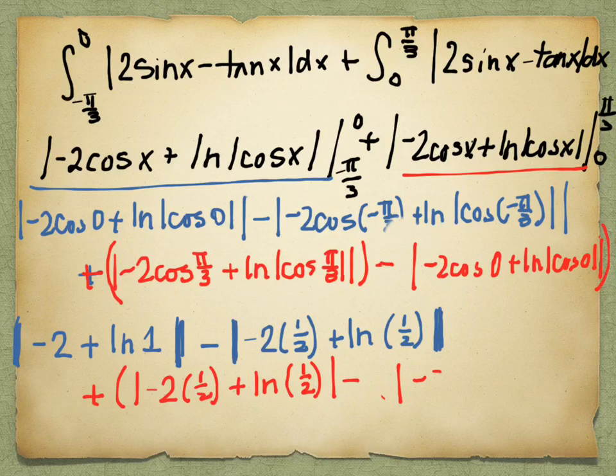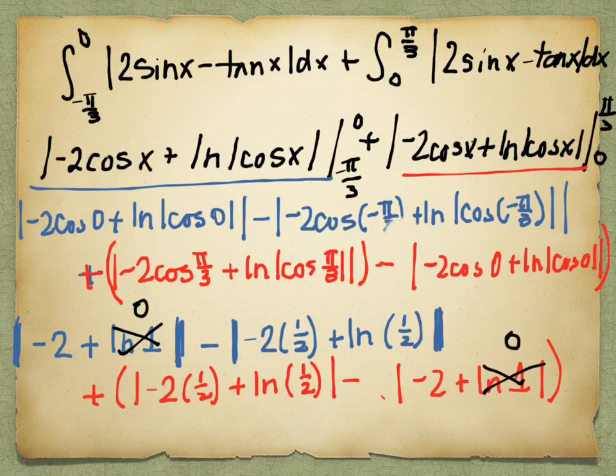Okay. Negative 2, and then cosine of 0 we already established a minute ago was 1, right? Plus the natural log of 1. There we go. I think that's enough different brackets and symbols. Okay, so we established that this is 0 and this is 0.